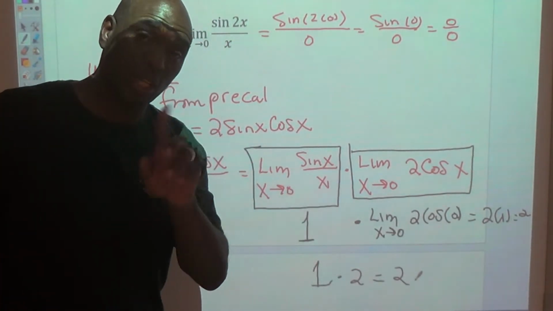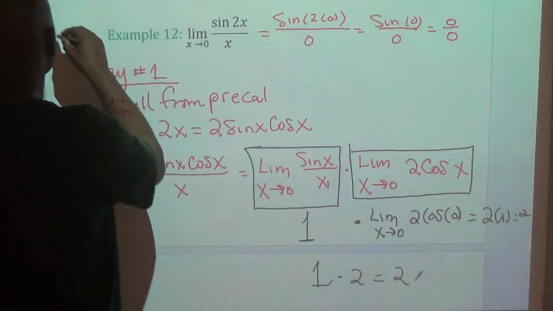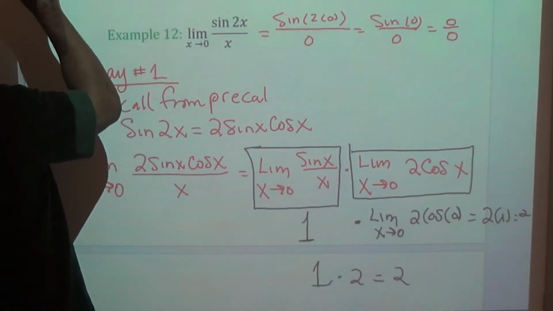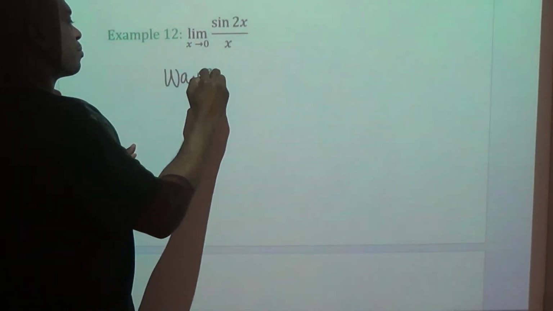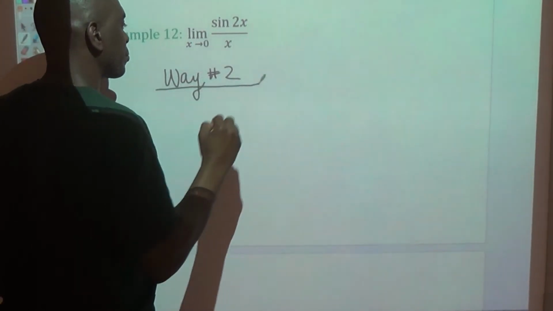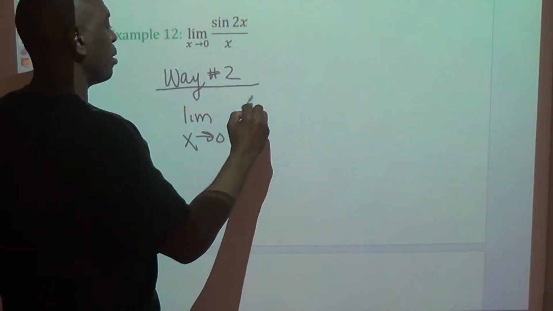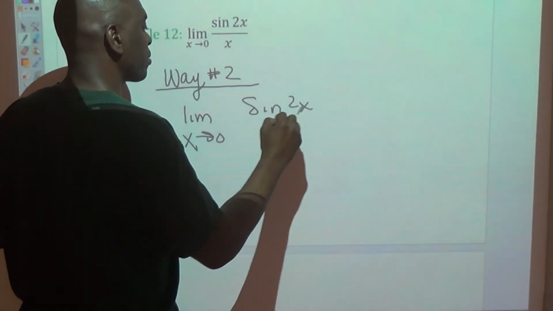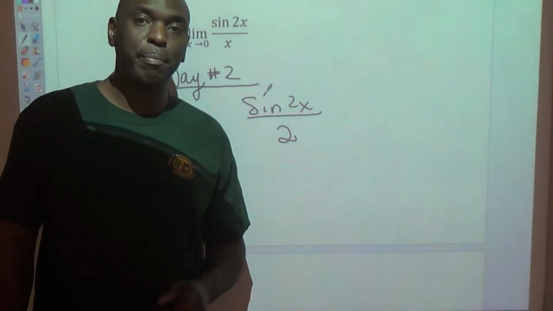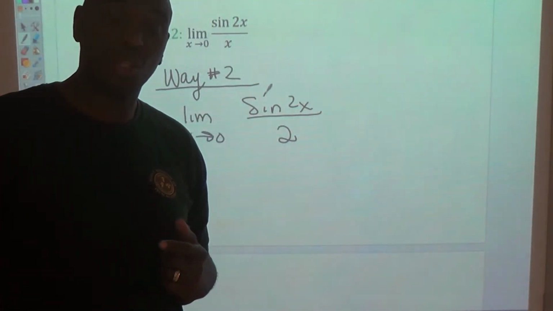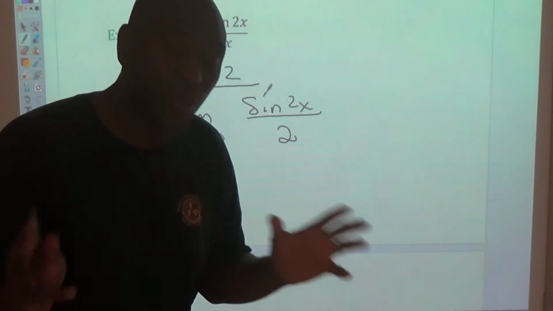But that's only one way to go about it. Here's another way. You might like this one also. Watch this. Now, way 2. The limit as x approaches 0 of sine 2x over x, you can multiply by 1, because 1 is the multiplicative identity. Doesn't hurt a thing.